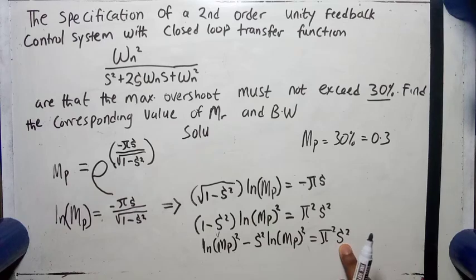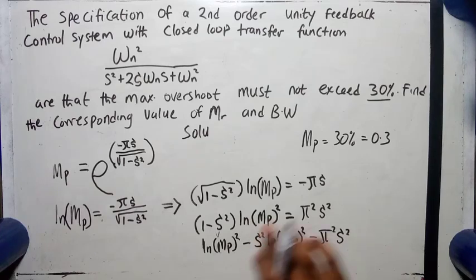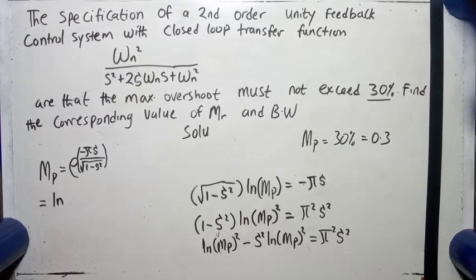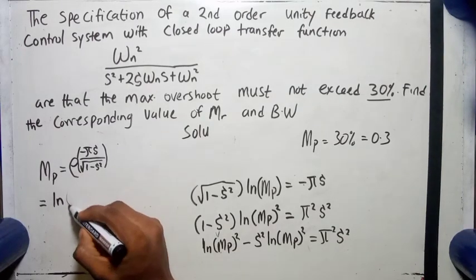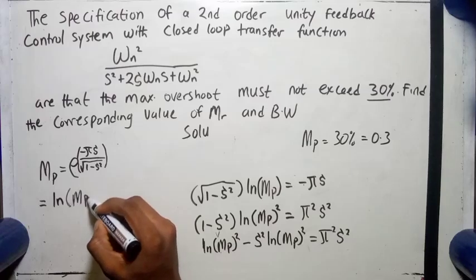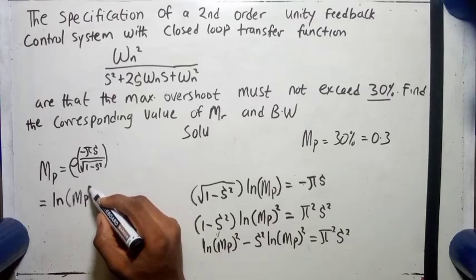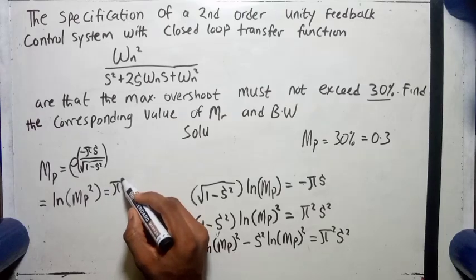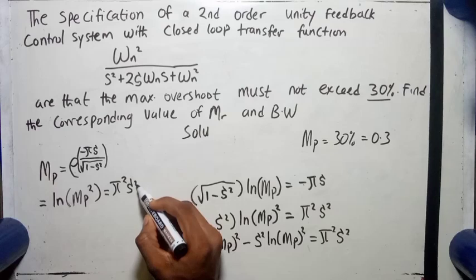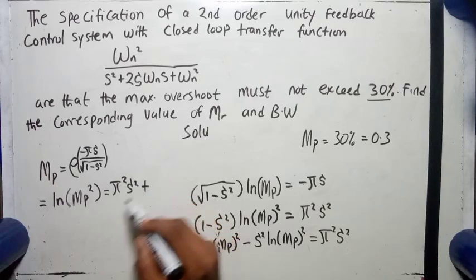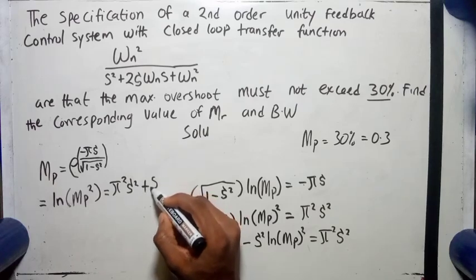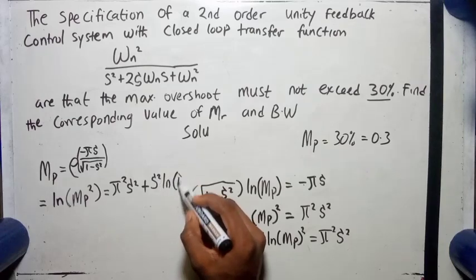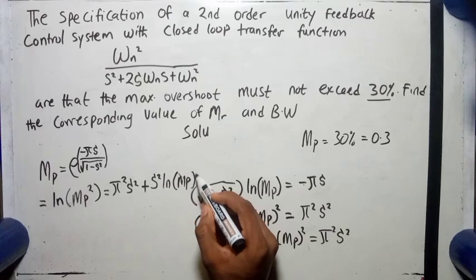Now this is where our aim is, zeta. So let us take it over to the other side and make it the subject of the formula. So we will have that natural log of MP squared is equal to pi square zeta square plus zeta square natural log MP squared.